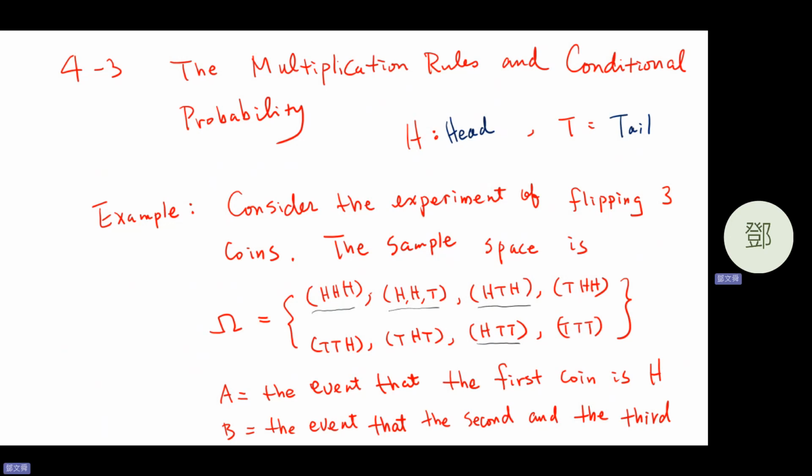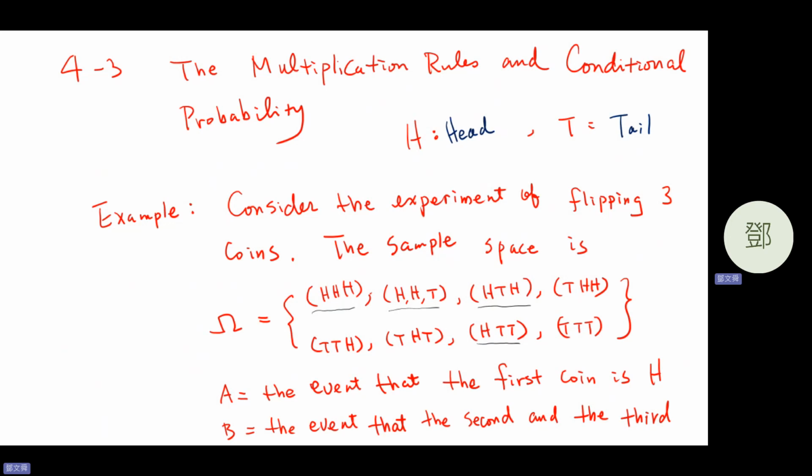For example, consider the experiment of flipping 3 coins. The sample space omega is HHH, HHT, HTH, THH, and all the way to TTT.